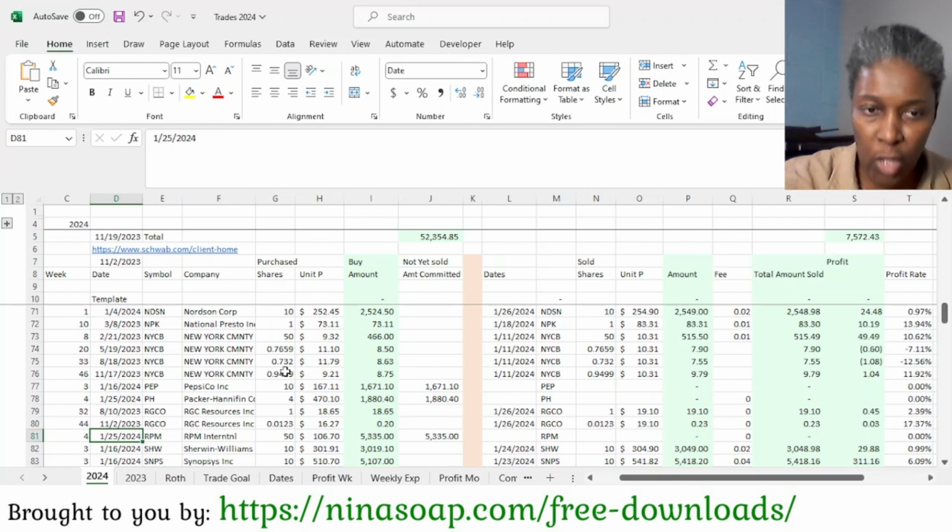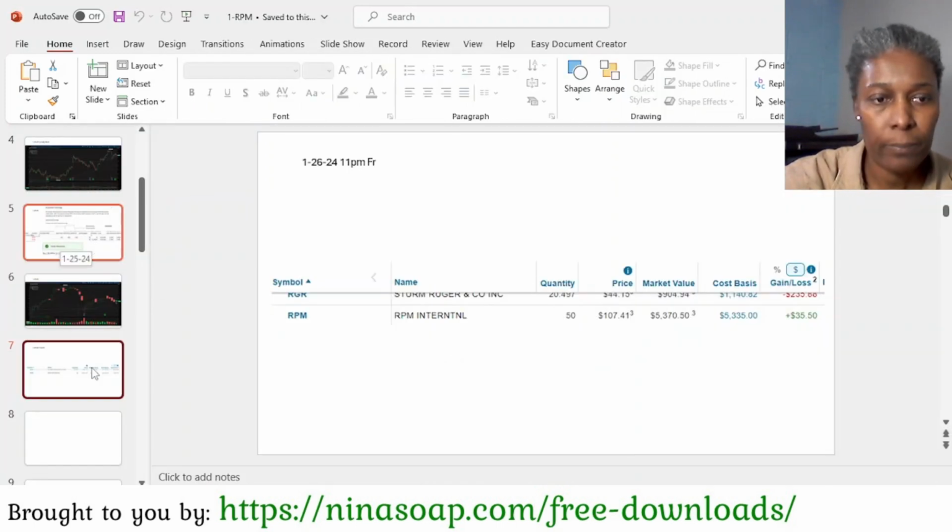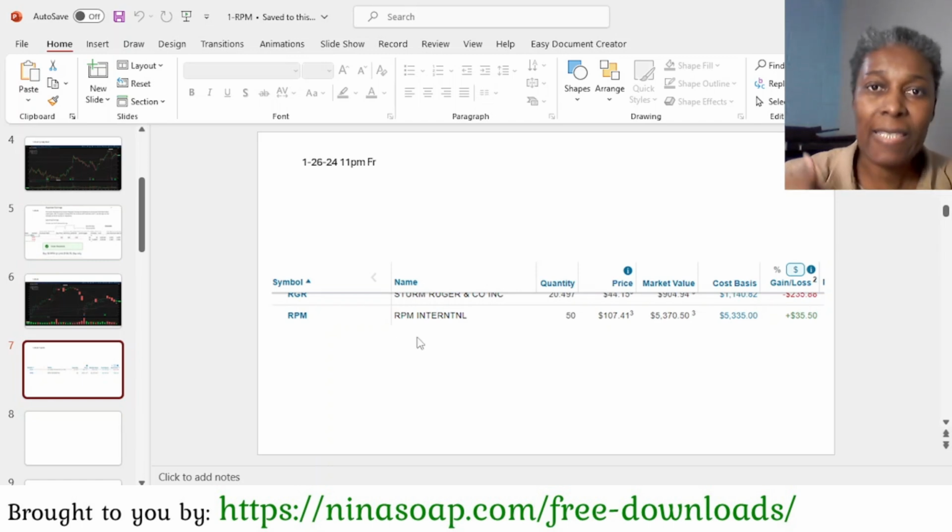I screenshot the chart from when I purchased the stocks, every day after, and the unrealized gain and loss, and keep it in the account up to the day I sell it.